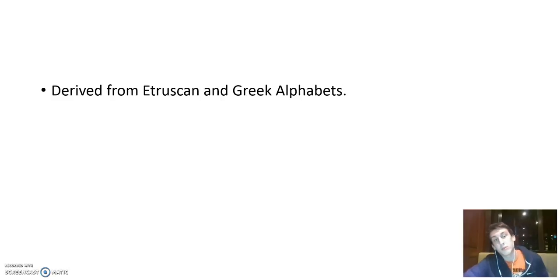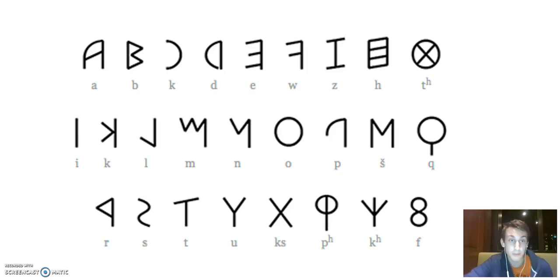Now, first of all, the Latin alphabet is derived from the Etruscan and Greek alphabets, which are very similar to Latin, as you will see in the next slides. This is an example of the Etruscan alphabet. As you can see, the letters A, B, C, D, E are very similar to the Latin alphabet.